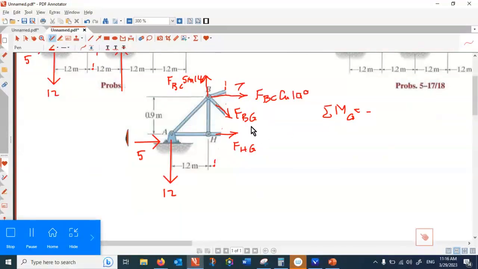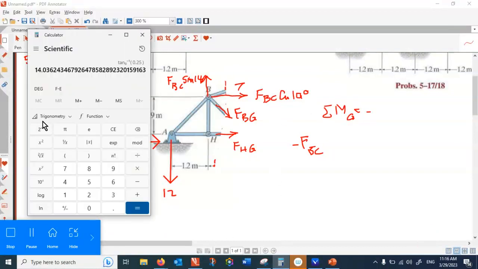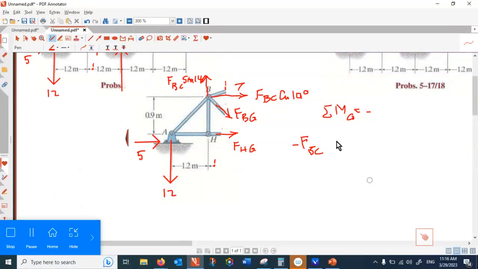These two unknown forces won't make any rotation, but then FBC, the horizontal component, has a negative rotation, that is minus FBC cos 14, that is 0.97, and the arm of rotation is 0.9.